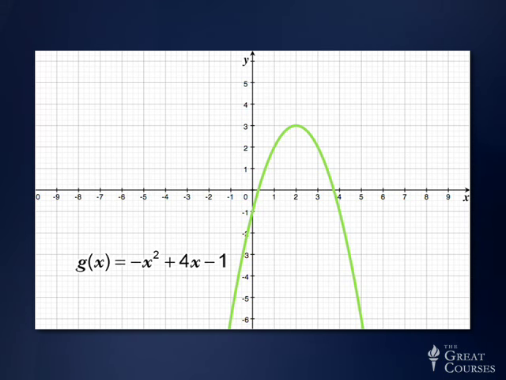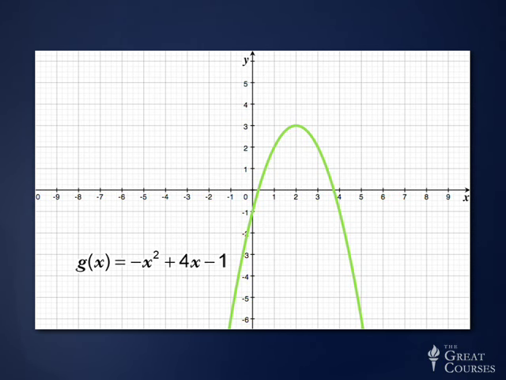Well, one of the first things you might notice is that both graphs are U-shaped. This is very different from the graph of a linear function, where the graph was just a straight line. We spent several lessons talking about those already. Thanks to this U-shape, we see that both ends of each of the graphs go in the same direction. They either both go up or they both go down.